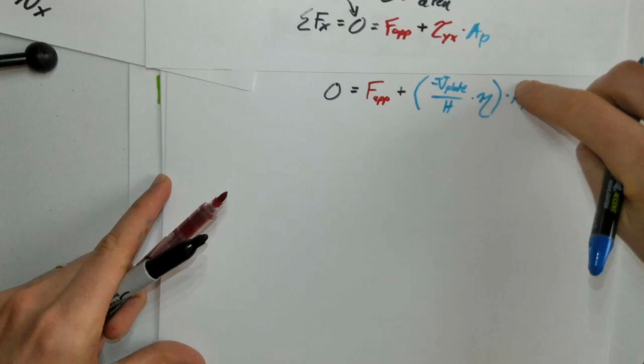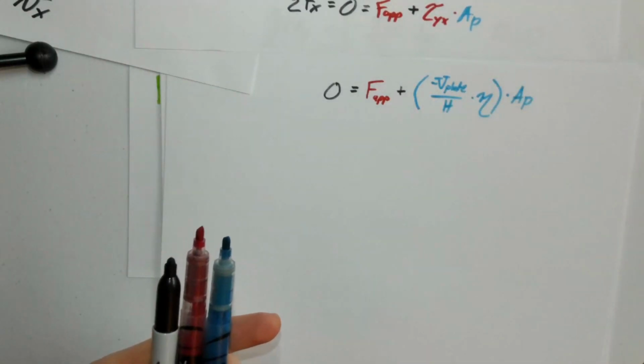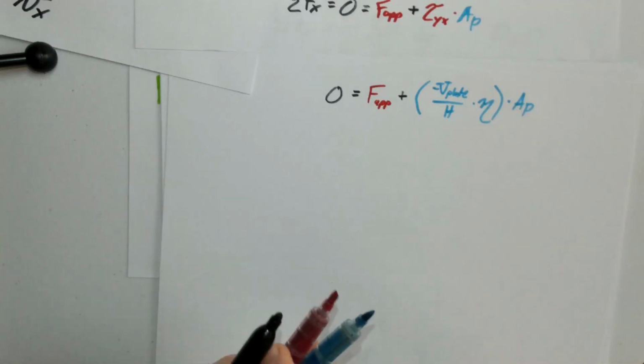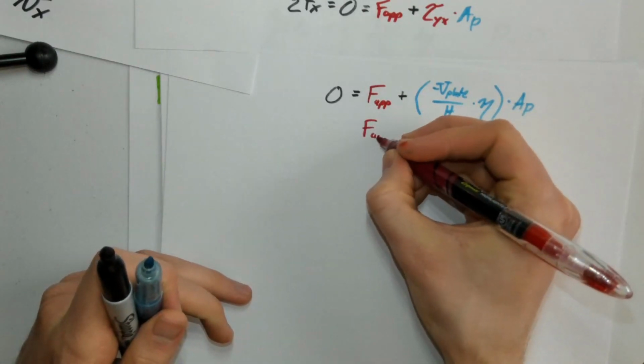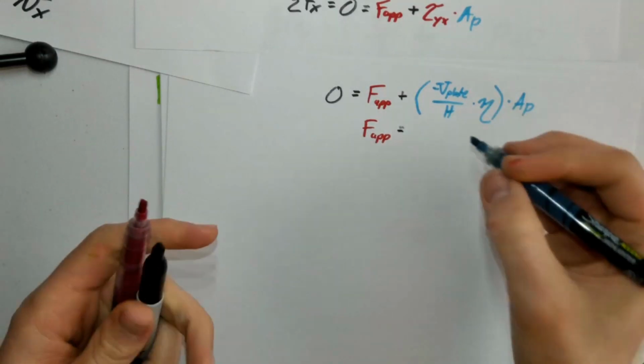Where the AP comes from this expression for tau yx that we had earlier. So we can solve this equation for our applied force to get the following result.